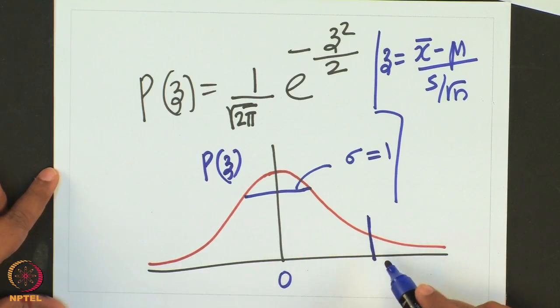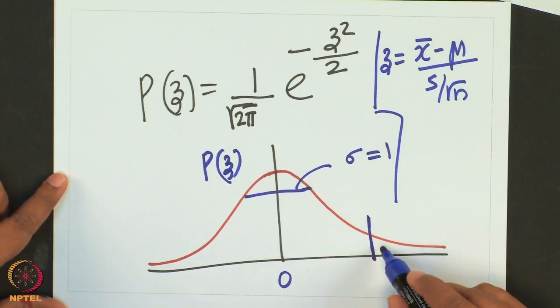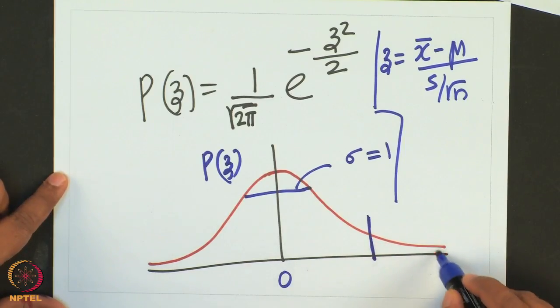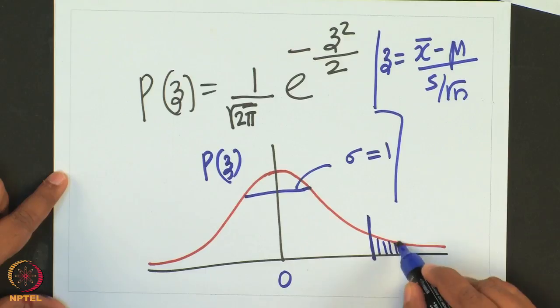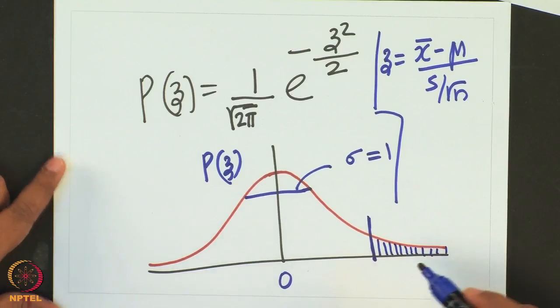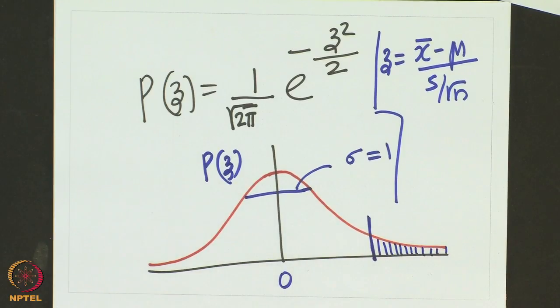But even if you reject it, there is some probability of getting bigger z values. So your rejection of the null hypothesis could be wrong, and there is likely to be an error in rejecting the null hypothesis.